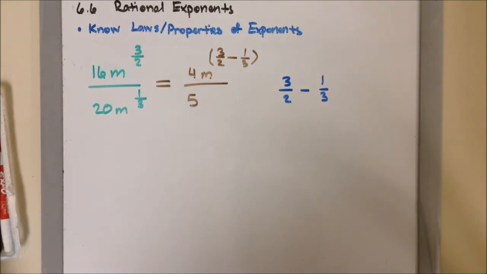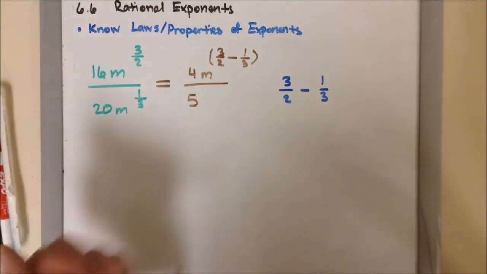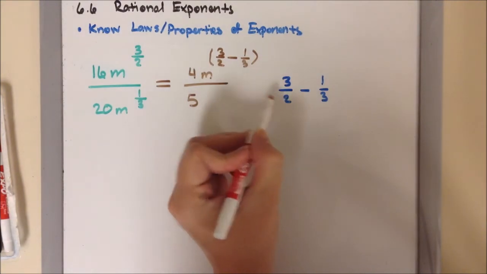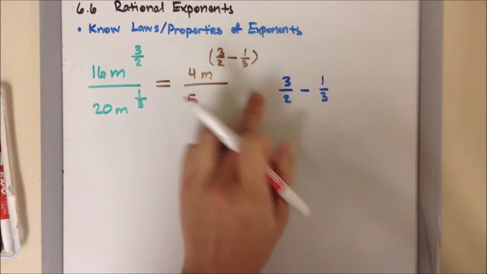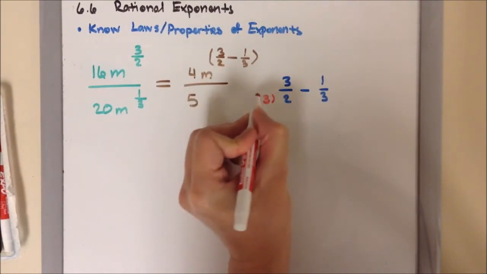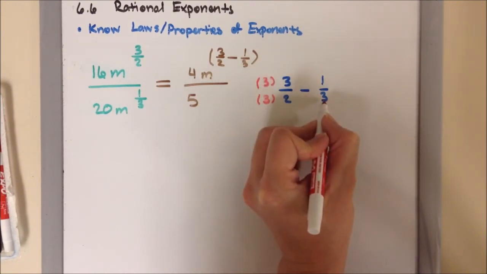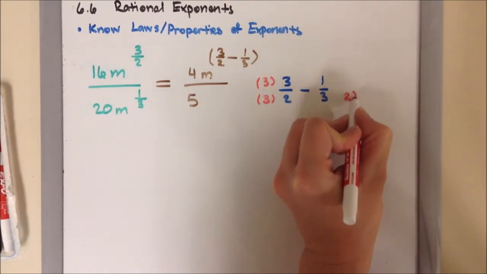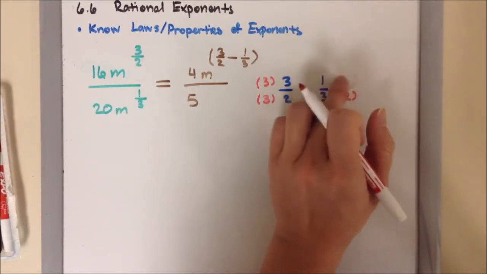So I need to get common denominator. Common denominator between 2 and 3 is 6. So to change this 2 into 6, I'm going to multiply by 3 to the denominator and to the numerator. To change this 3 into a 6, I'm going to multiply by 2 to the denominator and to the numerator.